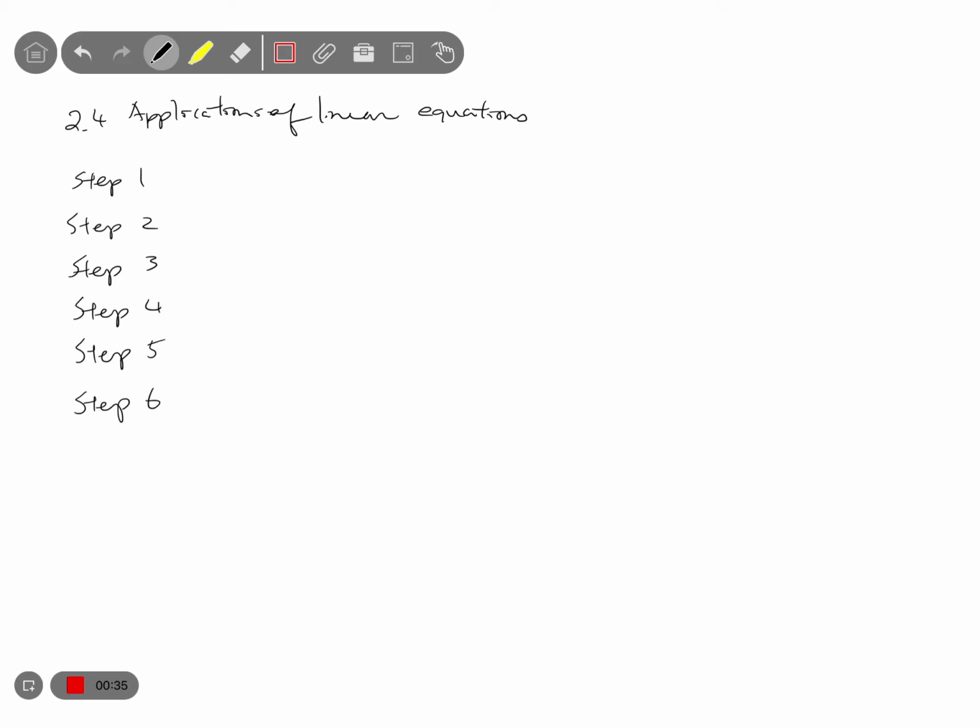So first thing first, when you open the document, you're going to see some problem solving strategies, and there are 6 steps. So I just want to make sure we go over these steps, so we can have some good idea on how to start, in general. Step 1 is always read the problem carefully.